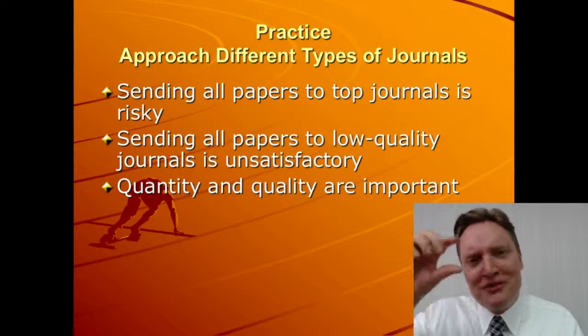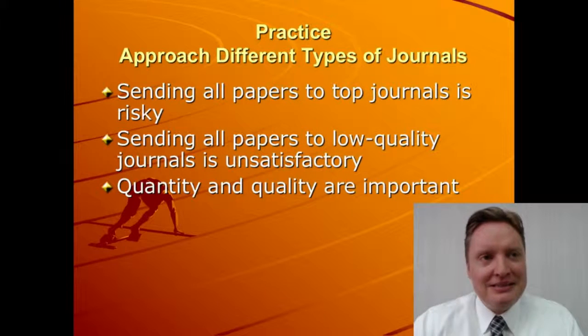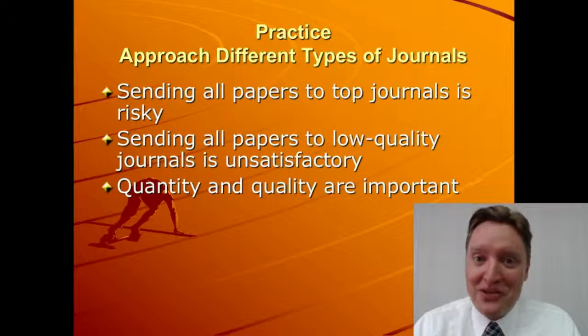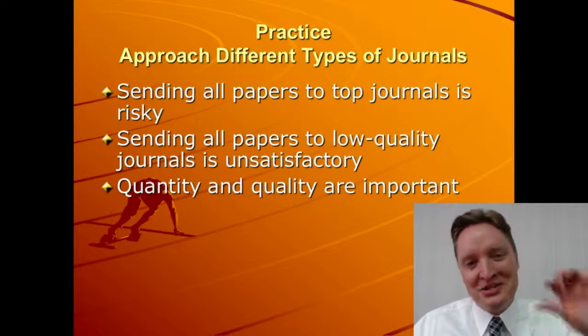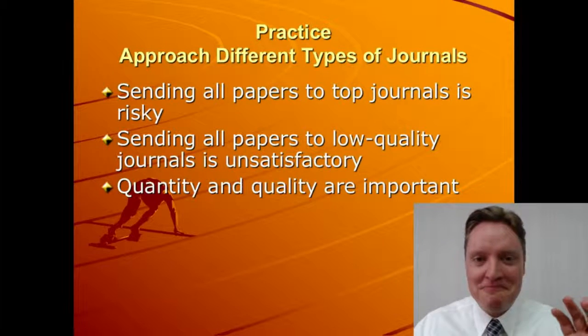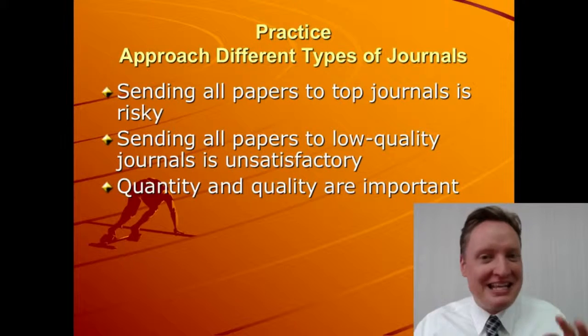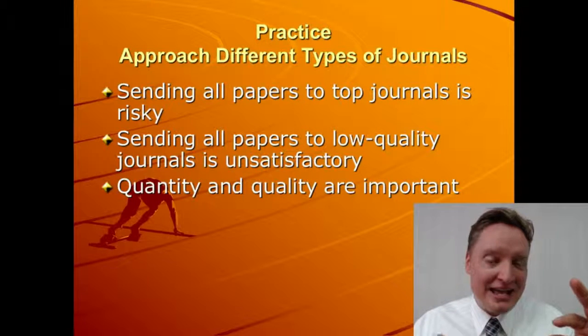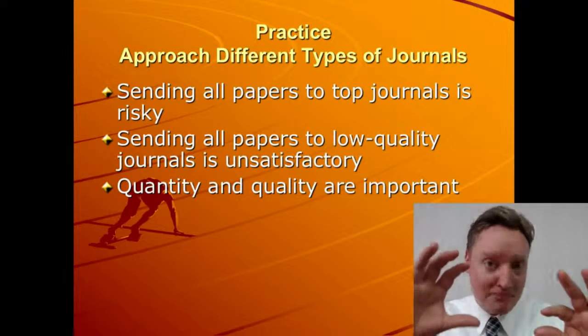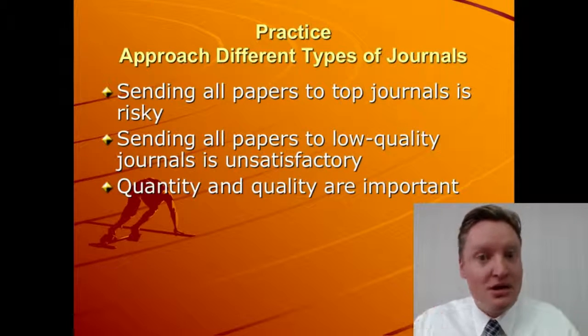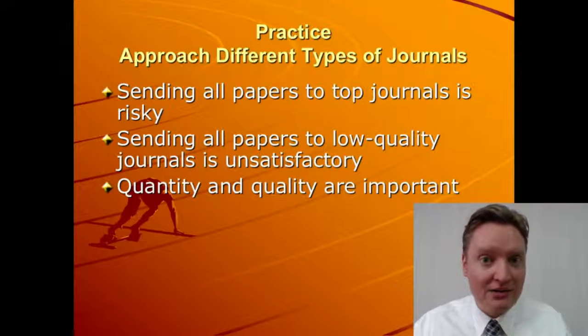But if you send all of them to low-level journals, well, you'll be disappointed if they're all accepted. So by sending to high and to low, you can diversify your risk a little bit and hopefully meet your career needs, and at the same time perhaps get a good paper that can promote you to a higher level at the same time.